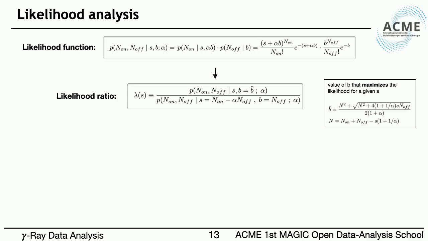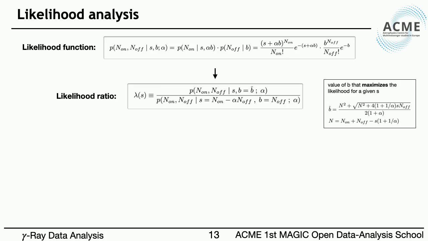In our case, the parameter of interest is the signal strength S. We won't show it here for lack of time, but one can prove that the value of B that maximizes the likelihood for a given S is given by the expression shown here on the right. Doing so is also what is called the profile likelihood. It's just a bit of terminology that you might hear in statistics.